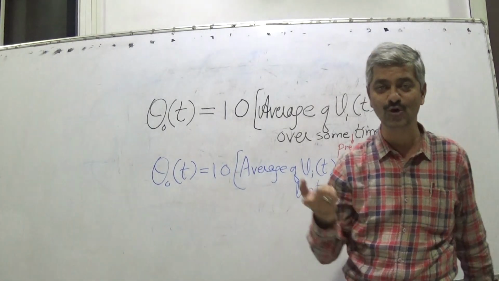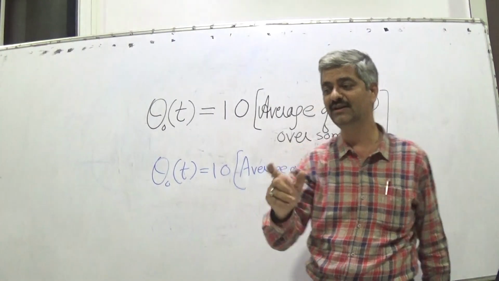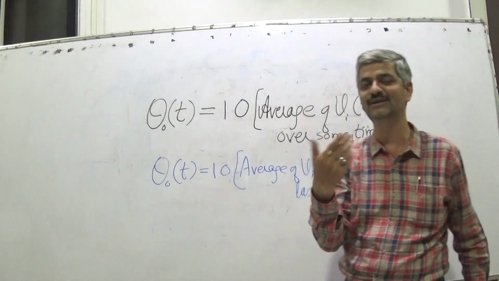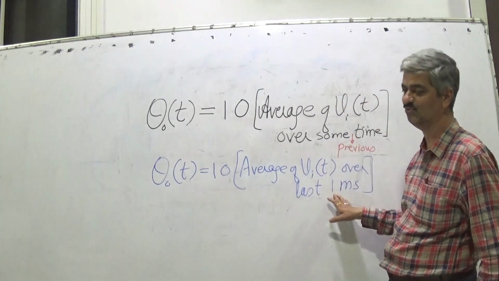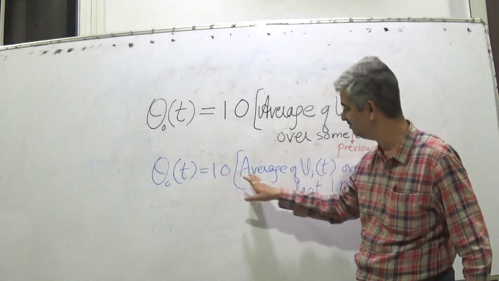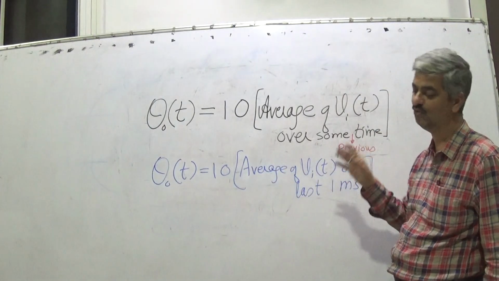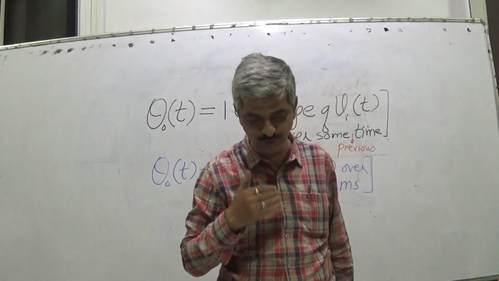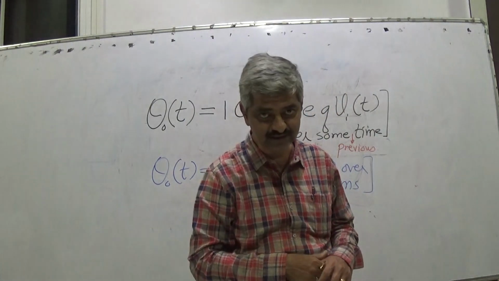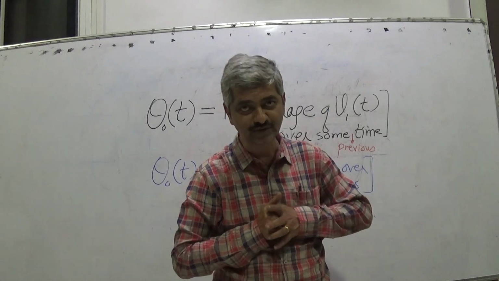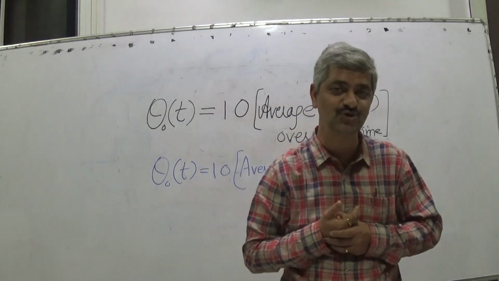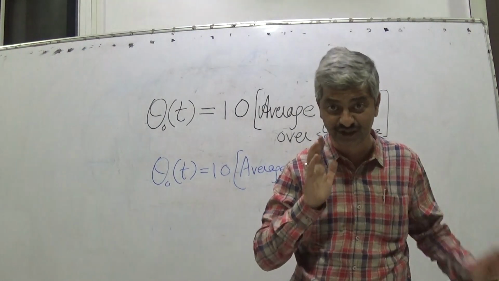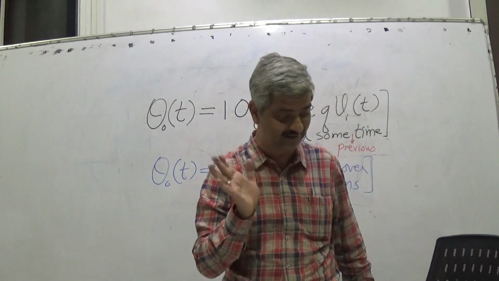And a good voltmeter will have this time as less. A poor quality voltmeter will have this time as more. So 10 times average of V(t) over the last second. So the output is depending on the average of the input. Now, as this is a theme, just see, this is not the final thing.